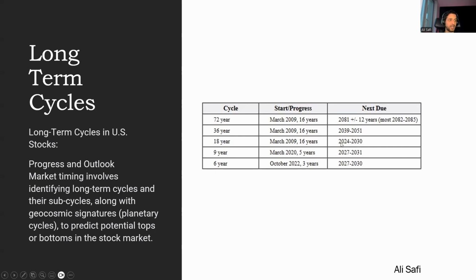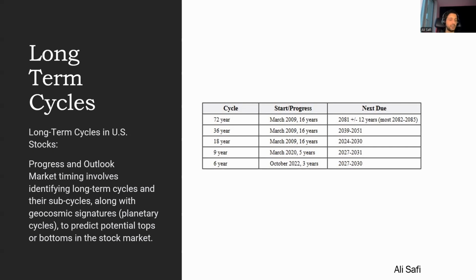So we should see some kind of big correction coming at least, or a recession, based on the 18-year cycle. The 9-year cycle is going to start 2027 until 2031. So I would say based on the long-term cycle, we are getting into choppy 2025, 2026 with big swings up and down, but 2027 to 2030, that's going to be the recessionary period for the US stock market.